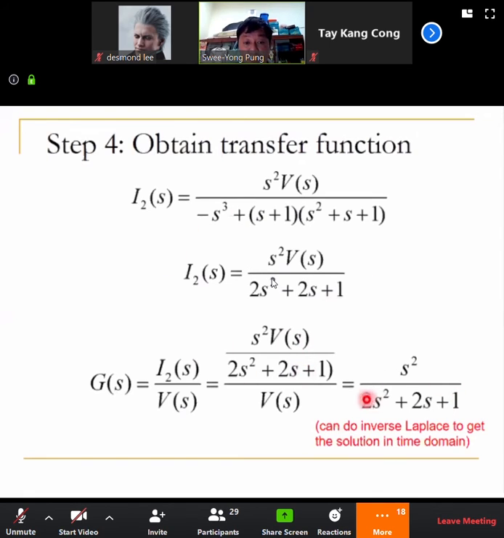Right, this will be your answer. Again, I stop here, but in fact, it's supposed not to stop here. We need to do a partial fractional expansion, and then later on do an inverse Laplace transform to get the answer in time domain.